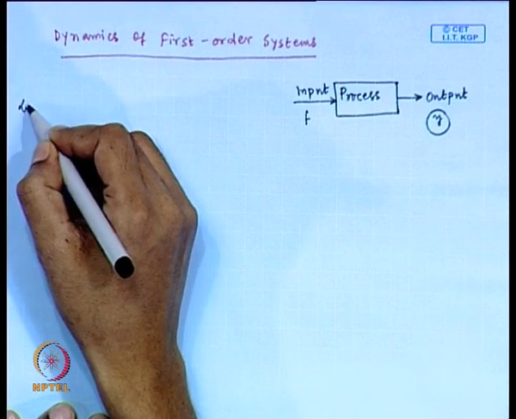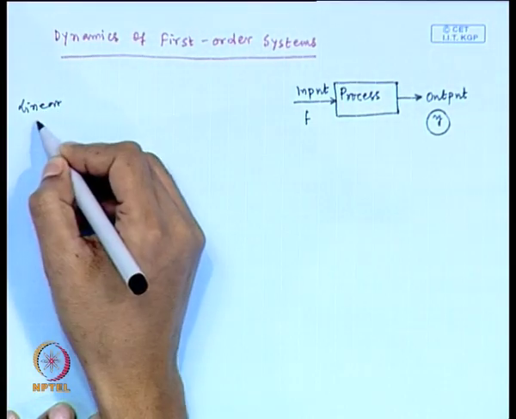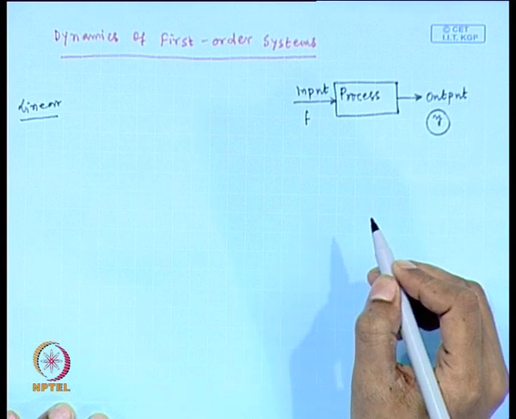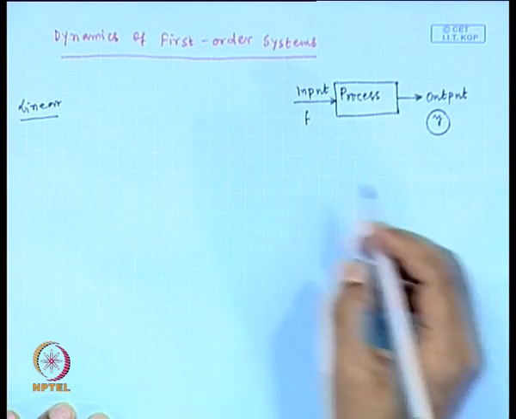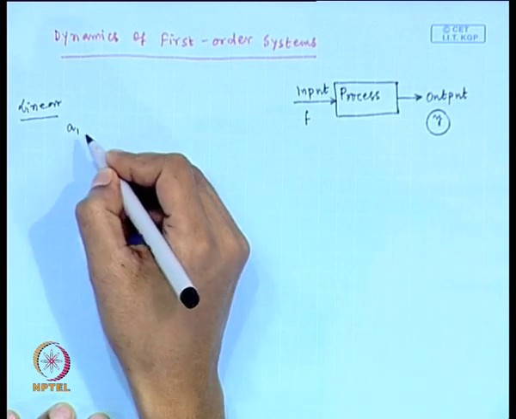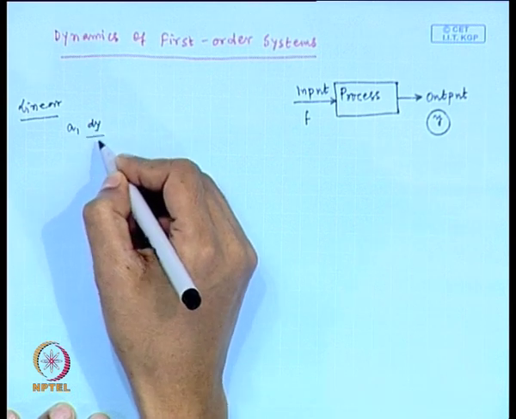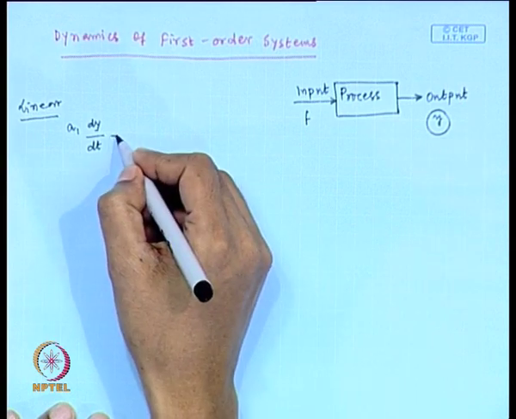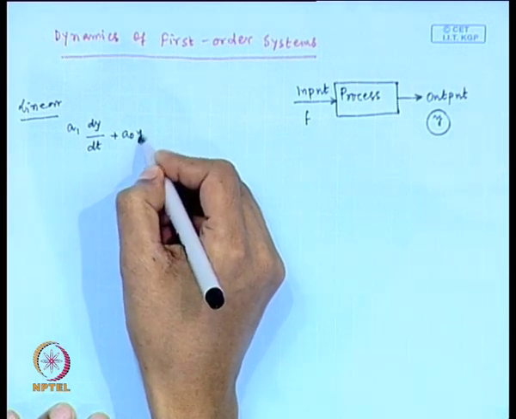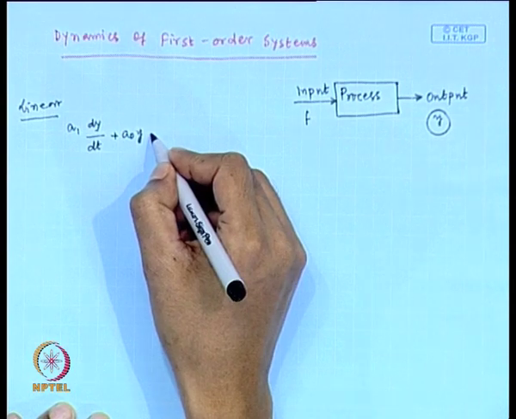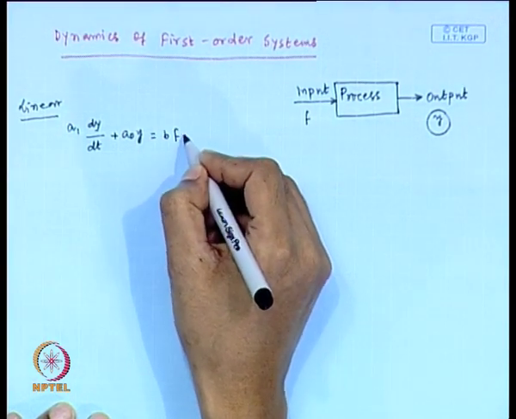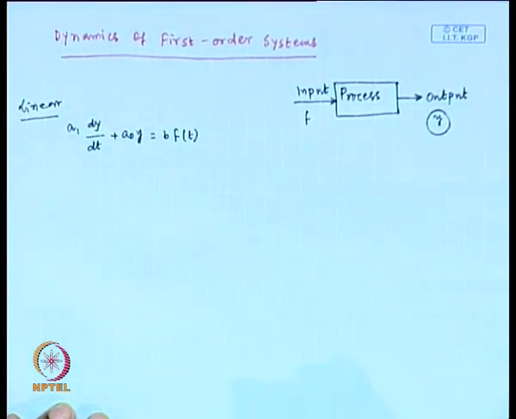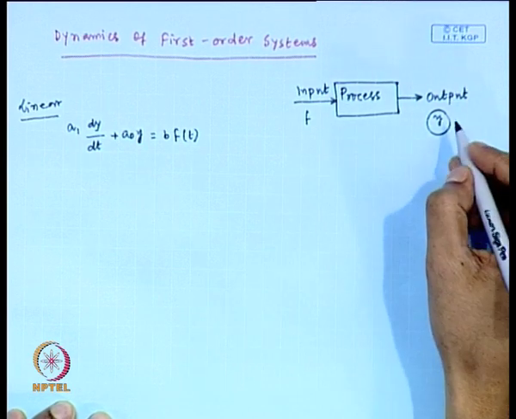So, if we consider the linear case, then the first order differential equation we can write in this form: a 1 dy dt plus a naught y equal to b f t. Definitely y is also a function of time.